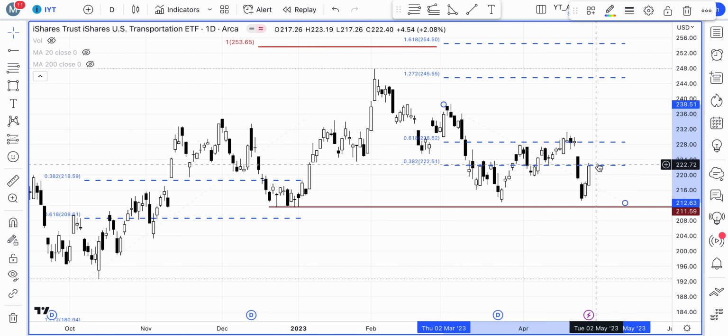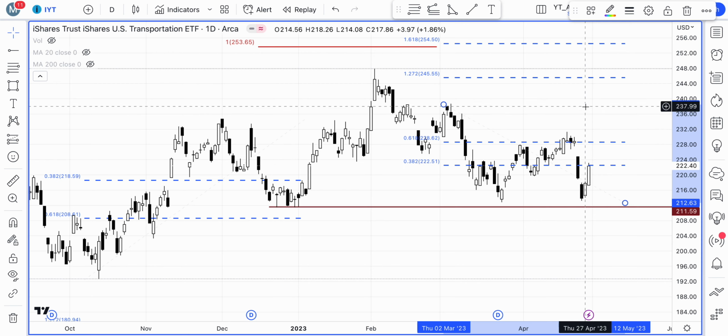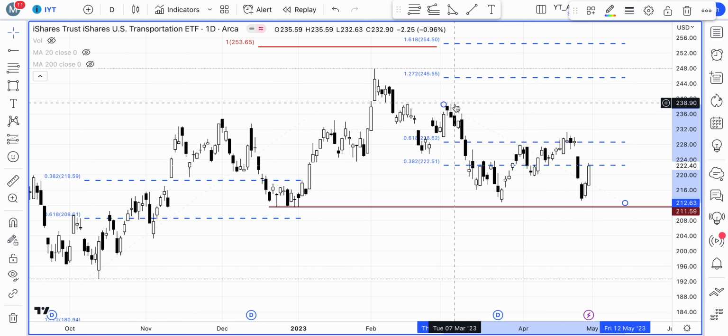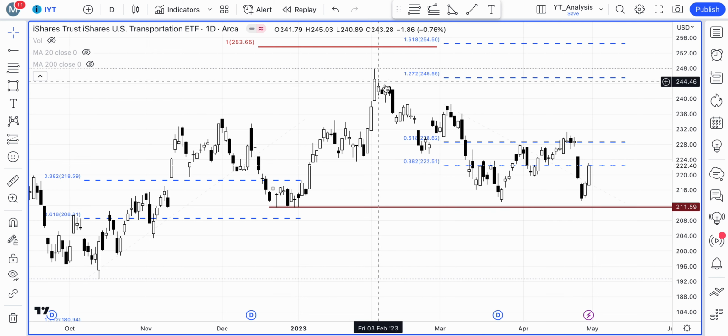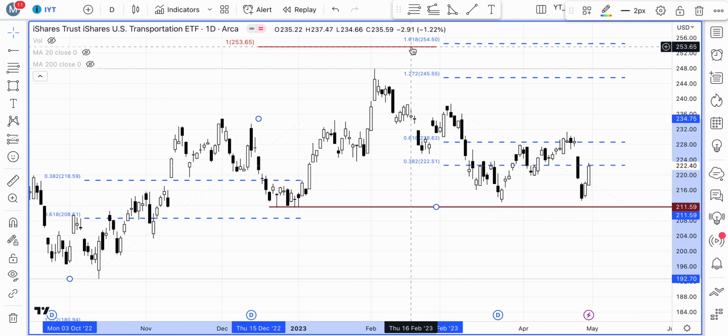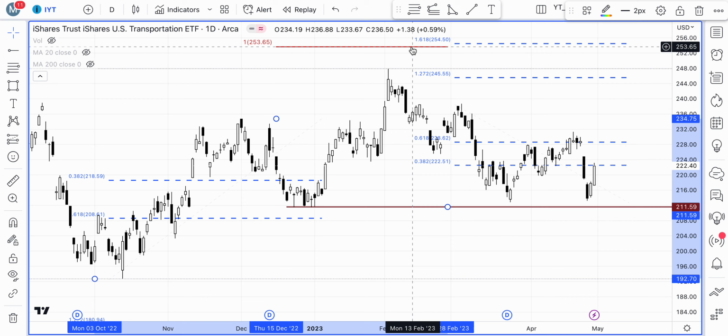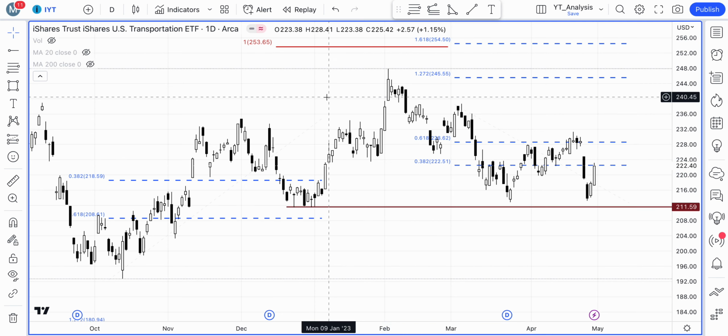Guys, if it is able to break out of that to the upside, then 238 is the next level it's probably going to aim for. Then we have the top here, and this ABCD remains intact, and perhaps it can go to 253 to 255 dollars per share level, which would also be good for the major indices as well.